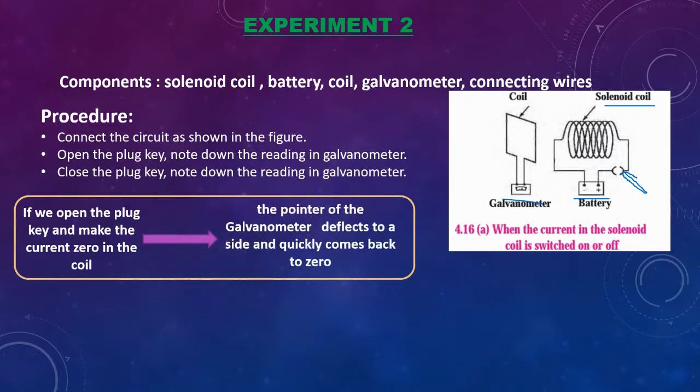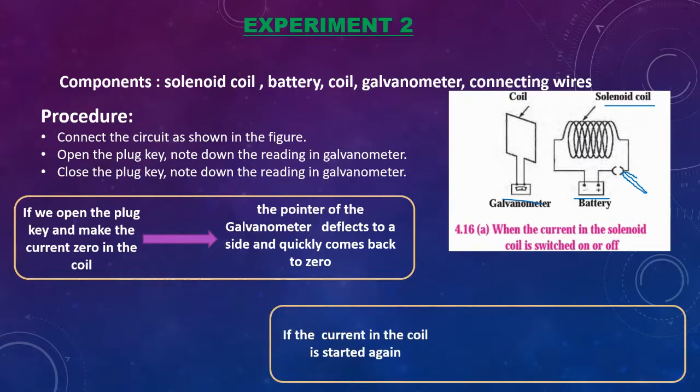The pointer of the galvanometer deflects to a side and comes quickly back to 0. So when the plug key is open and the current is 0 in the coil, the pointer on the galvanometer deflects to one side and comes to 0.